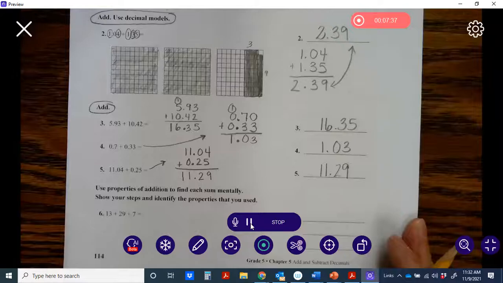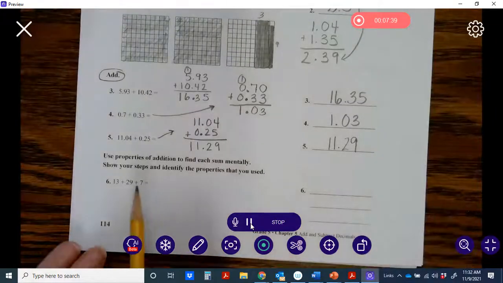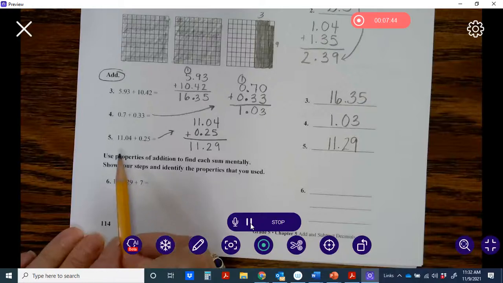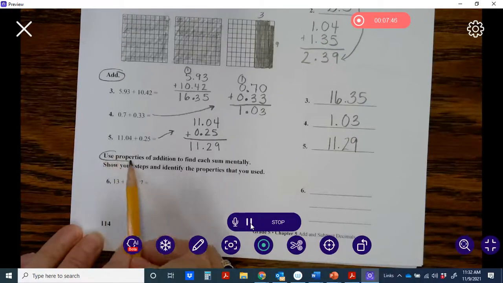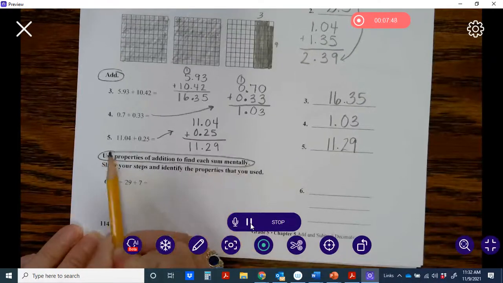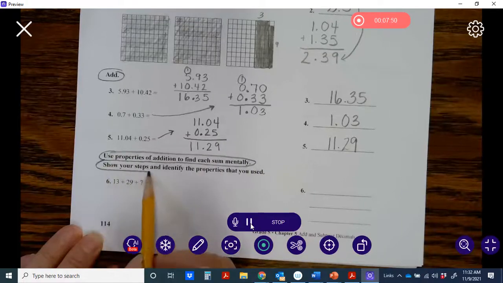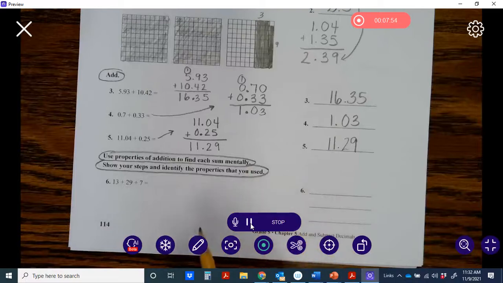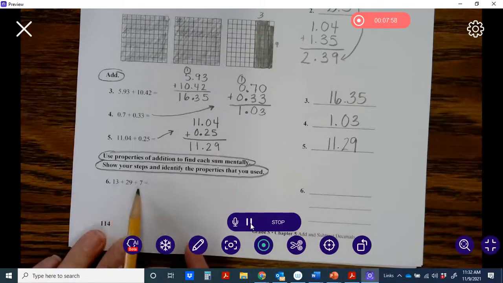All right, now we're moving on to use properties of addition to find each sum mentally. Show your steps and identify the properties that you used. Okay, so what we can do here is we have 13 plus 29 plus 7.